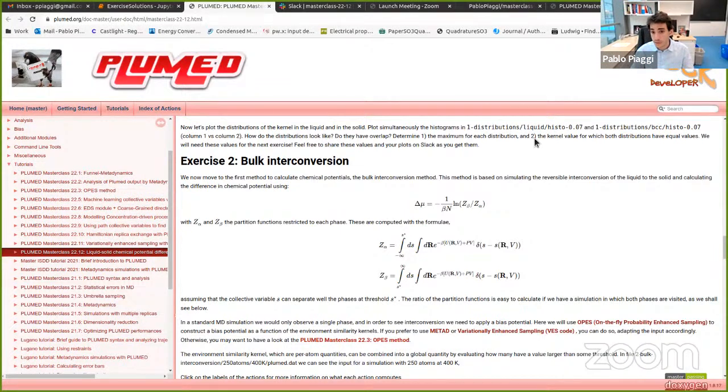We have here the partition functions of a phase alpha and a phase beta, and I'm showing here the definition of these partition functions. And we will use the environment similarity kernels that we defined before in order to construct a collective variable and choose a threshold such that we can identify properly both phases and also drive the transformation of one phase into the other one.